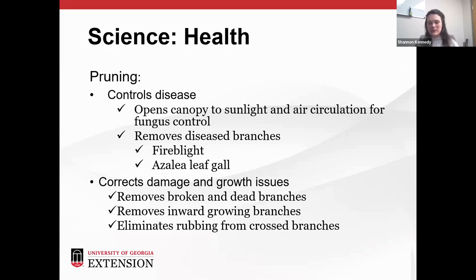Another important aspect of pruning for a plant's health is managing the plant to avoid future damage or to mitigate damage that happens in a storm. If a branch falls or breaks or snaps, you should be able to prune that branch back to an appropriate point to make sure that disease doesn't enter the plant.